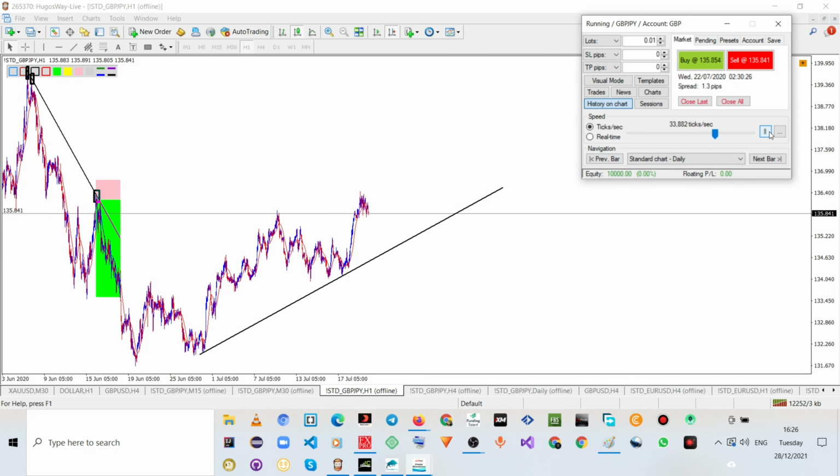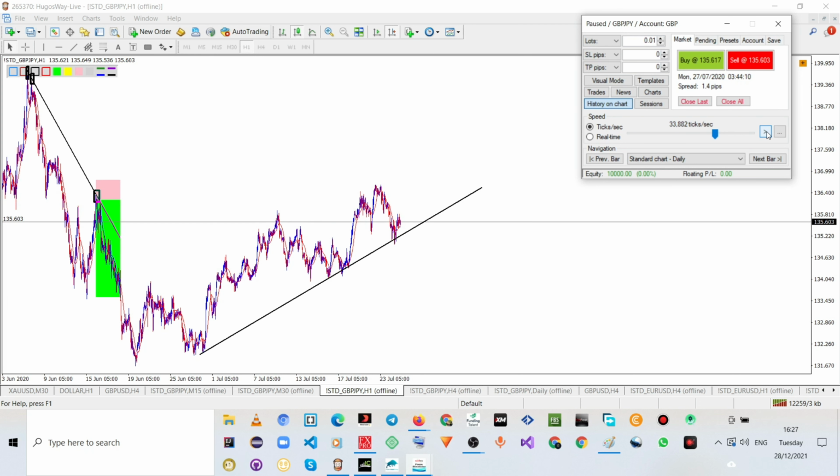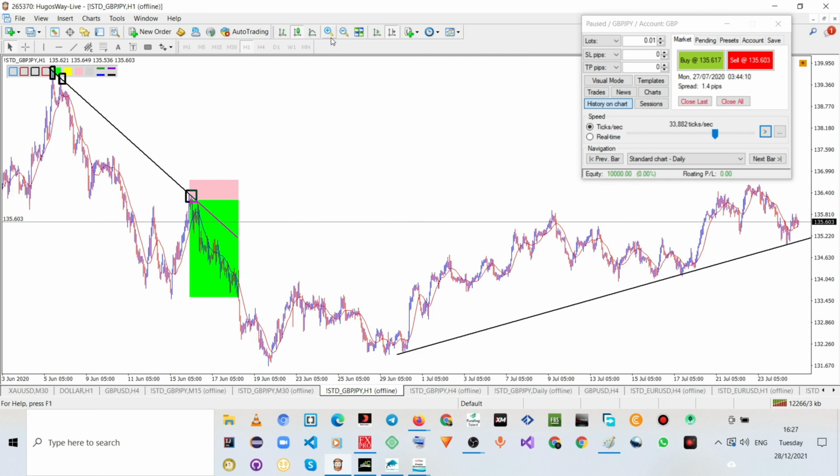So we're now waiting for our third drive. That's what we're now waiting for. It almost got hit. Pause. Exactly. Perfect. Our first and second and third drive moves right at the tip.